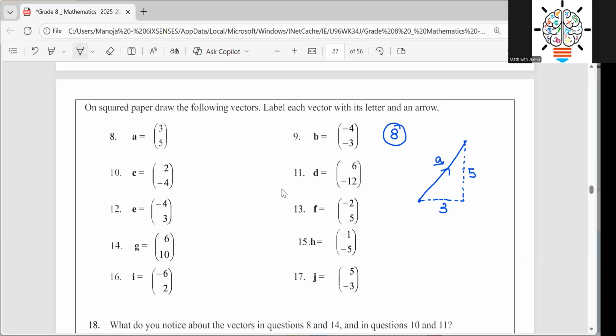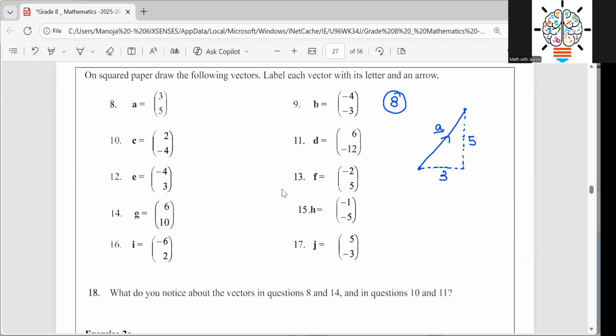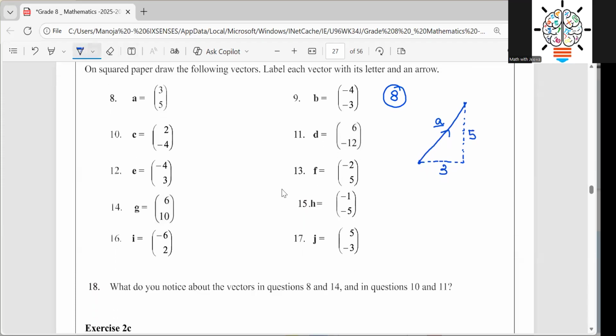I will take another example, question number 15, right? This one, question number 15, okay? You want to go one step to the left side. You start from here like this. You go one step to this side. Then you want to go down. 1, 2, 3, 4, 5.